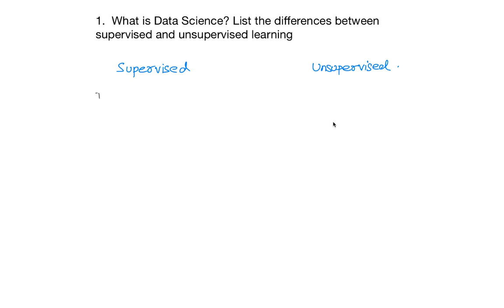In supervised machine learning, the user has labeled data, but in unsupervised machine learning, the user has unlabeled data.